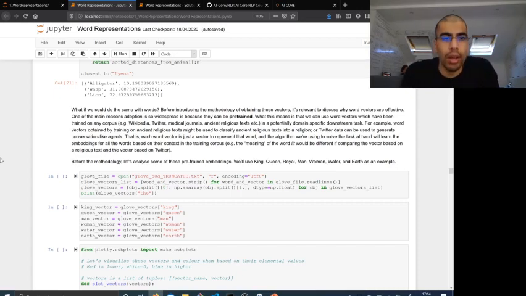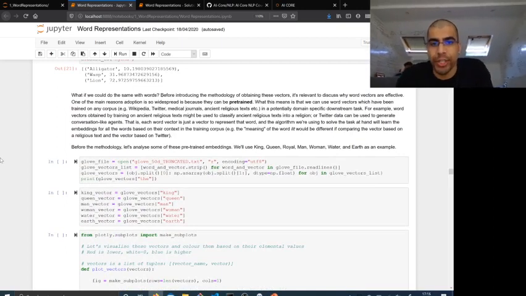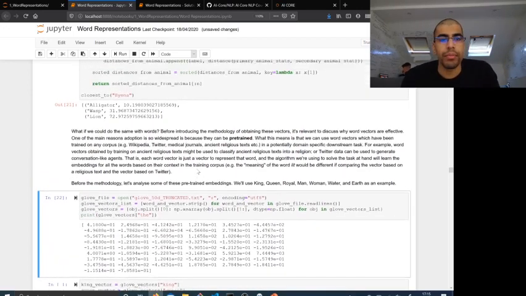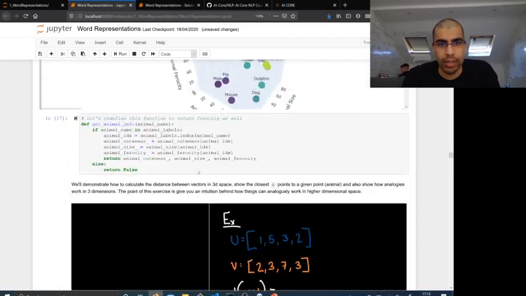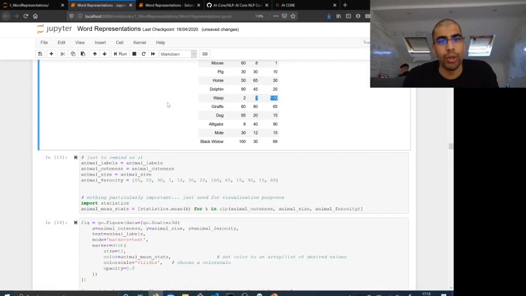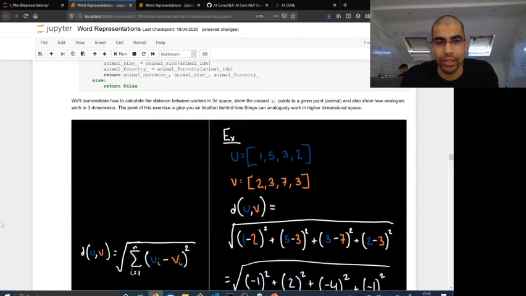So again, before going into how we obtain these and actually pre-training these embeddings, we're going to look at and analyze some word vectors. Here we looked at concepts in 3 dimensions, but this notion of distance, similarity and analogical reasoning can actually apply to higher dimensions as well.